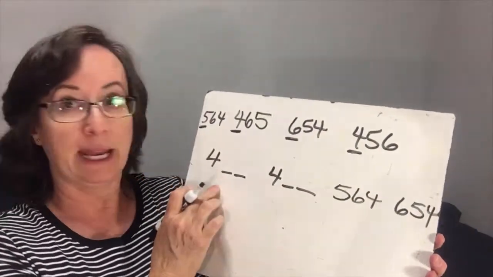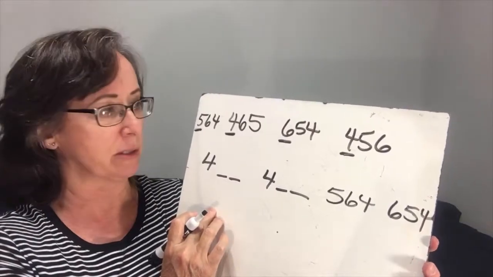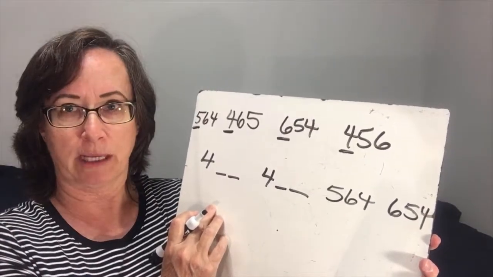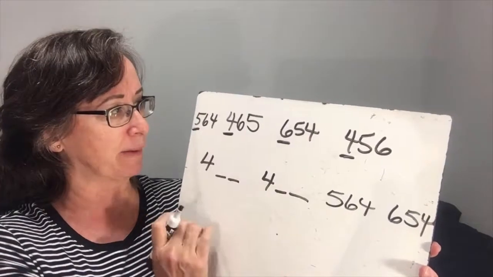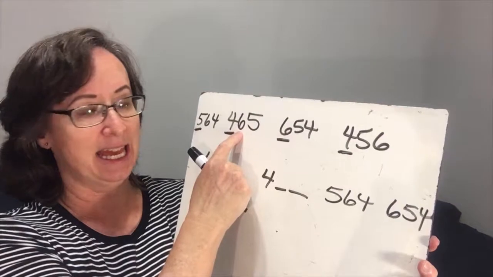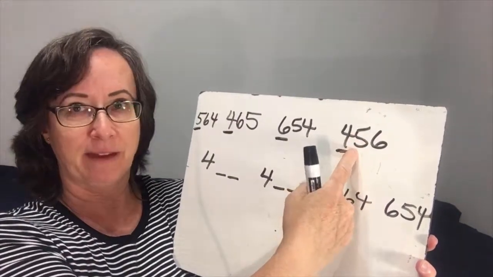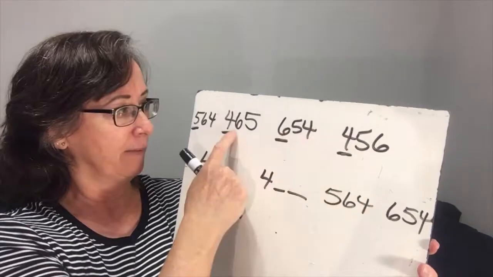Okay, so now all we have to do is figure out which one of our 400 numbers is going to be the smallest and put it first and the next one there. So we have a 400, 610, 400, 510. So the 5 tens is smaller than the 6 tens.